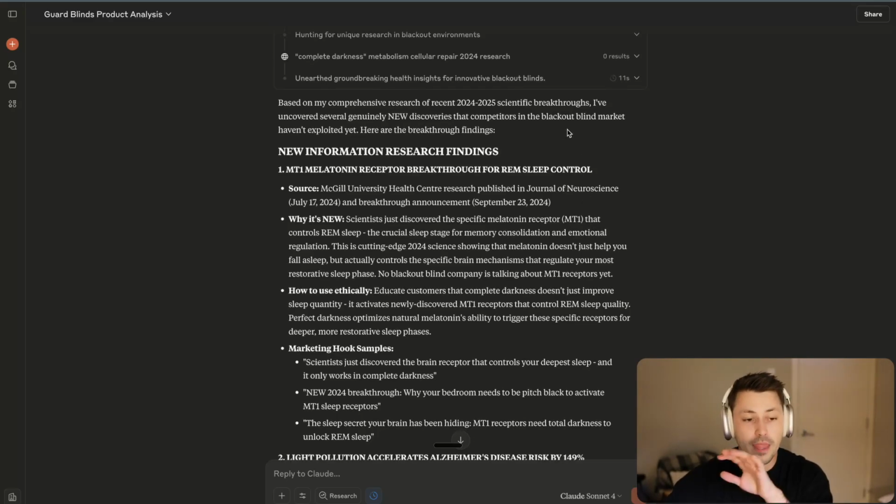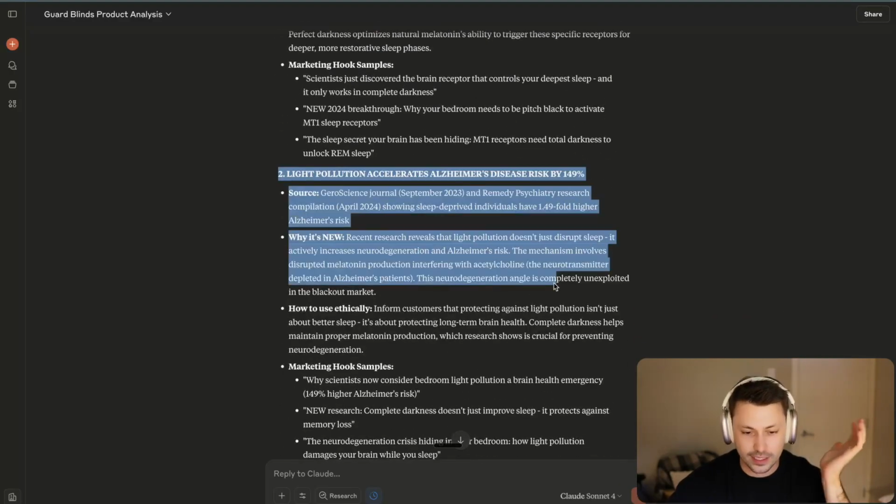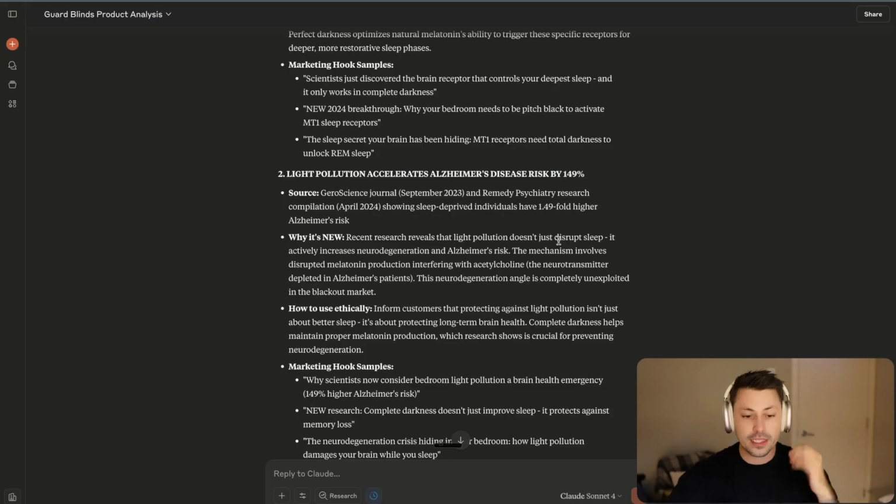But at the end of the day, I want you to understand that this is just giving you information more than anything to go and dive deeper on. Now, this is something where, okay, if it is serious, right? So light pollution accelerates Alzheimer's disease. So what I would be doing is I would just be going and doing more research on this. Okay. Like, this mechanism involves disrupted melatonin production interfering with, whatever this is, the neurotransmitter depleted in Alzheimer's patients.